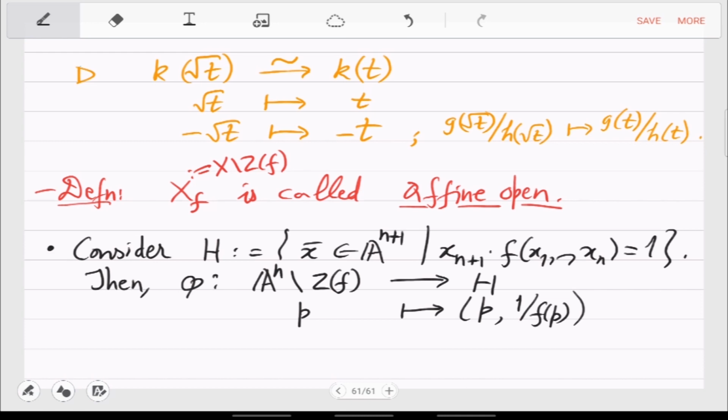We are mapping n coordinates to n+1 coordinates like this, and you can show that this map is bijective. Any point in A^n minus Z(f) maps to H. It's injective and it is also surjective. So this is a bijection.